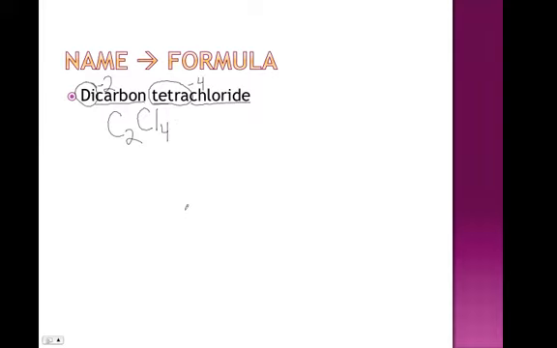Another example, dichlorine monoxide. So our first element is Cl. Notice here the ending, it does not end in IDE. So first element, the ending does not change. So chlorine, again, is Cl. Our prefix is di, which means we have 2 of them.